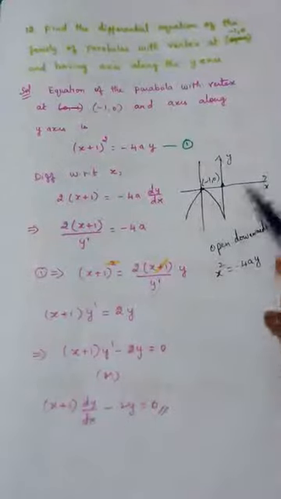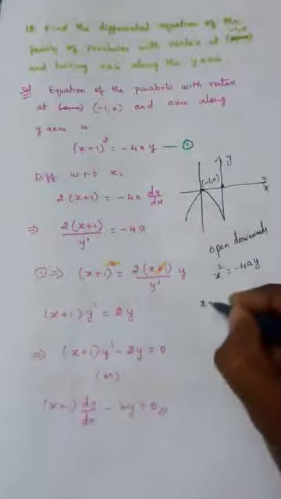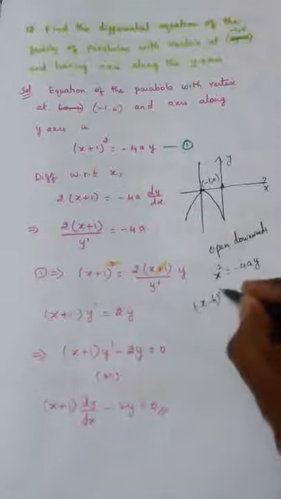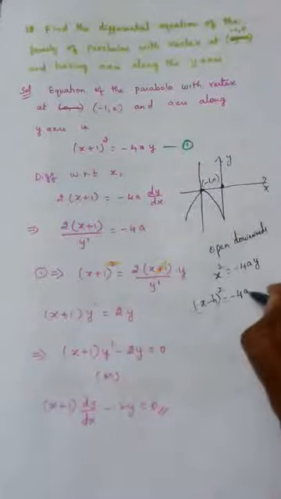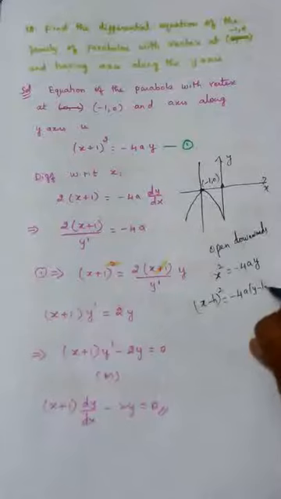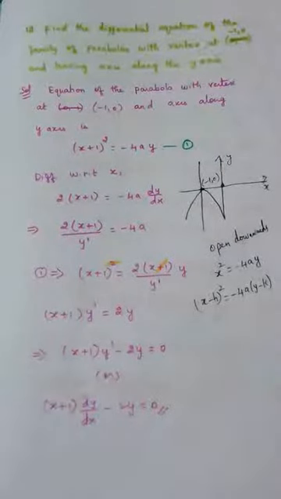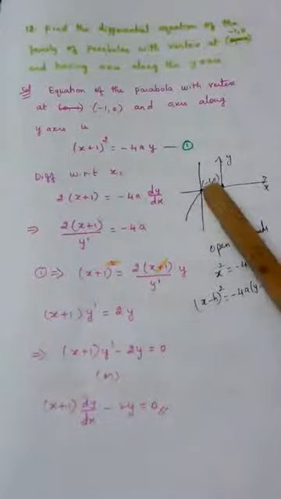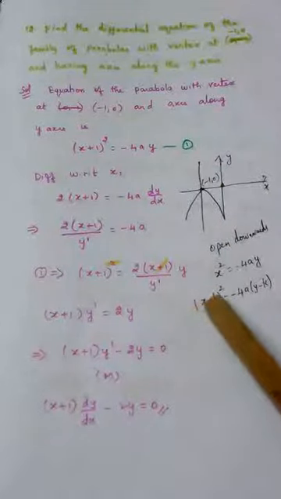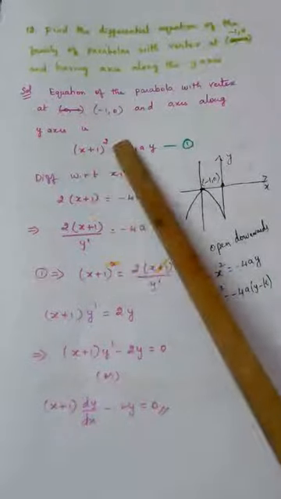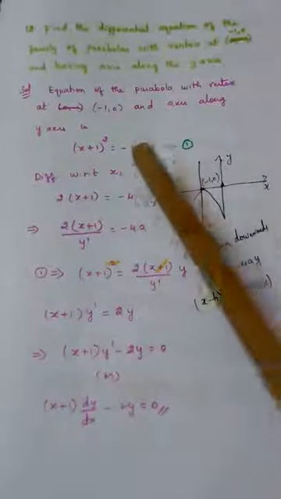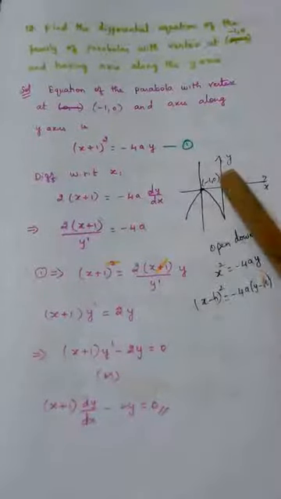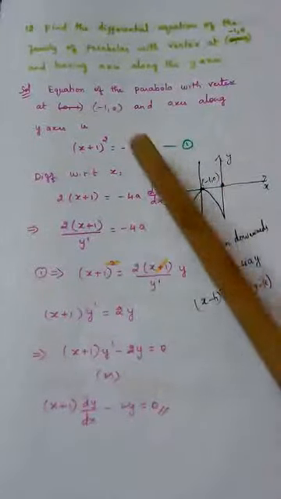But considering the vertex, the general equation will come like this: x minus h whole square equal to -4a into y minus k. Here the h value is -1, so it will become x plus 1 whole square equal to -4a, and the k value here is 0, so just y, so -4ay.